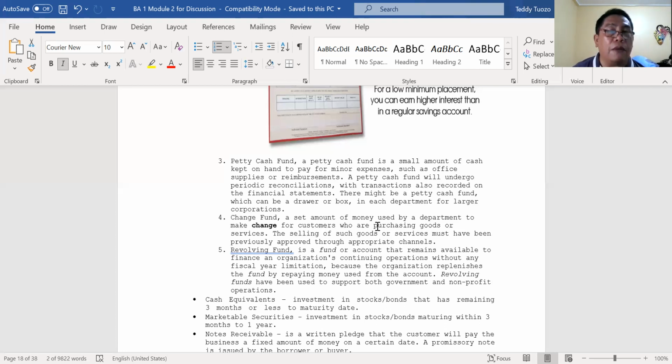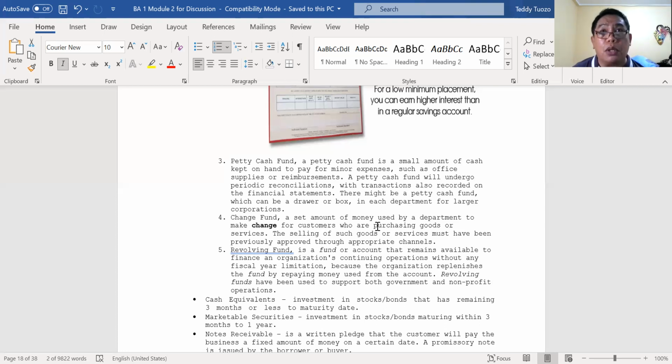Then change fund, for businesses that are selling, for their cashiers, tellers. There is always a change fund, and the change fund will be used for giving change. And this will remain, no? There should also be a set amount for the change fund to remain with the tellers, because this might be misused by the tellers themselves, especially if the checking of this change fund would only be on a weekly basis.